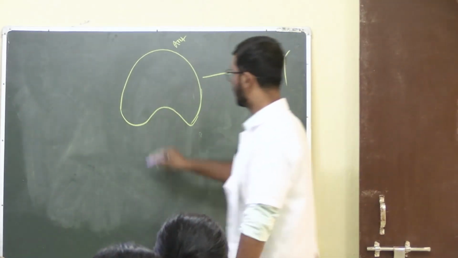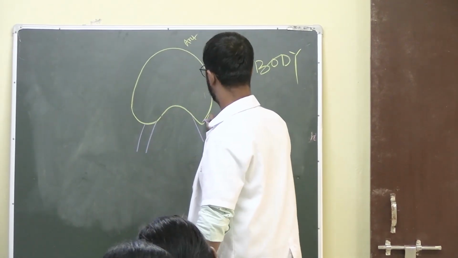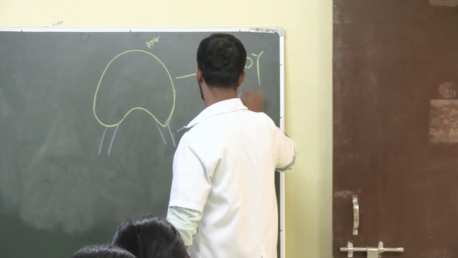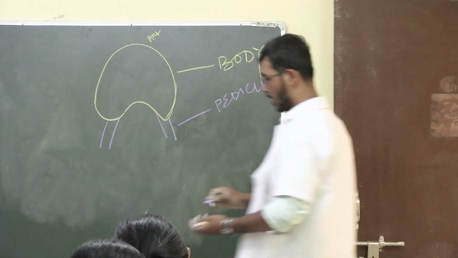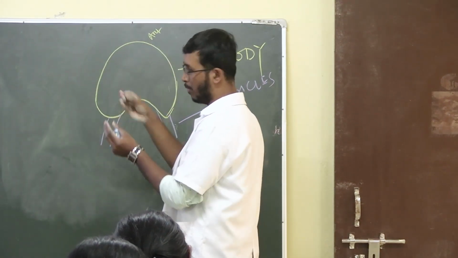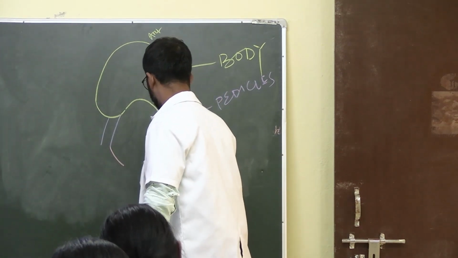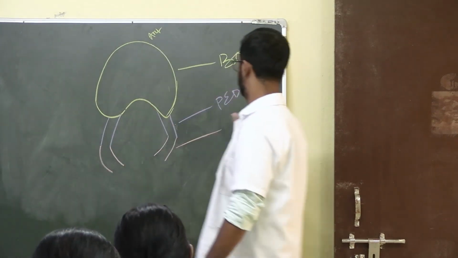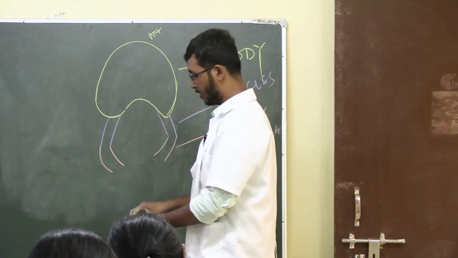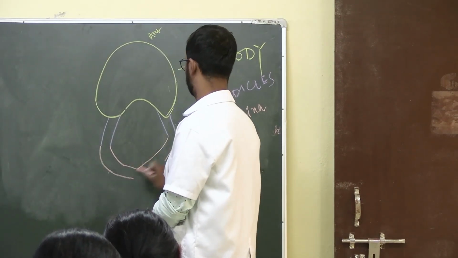Now from the body, a bony projection comes like this. These are your pedicles. Now these pedicles join with another bone, that is your lamina. Then these two laminae fuse together on the extreme posterior part.